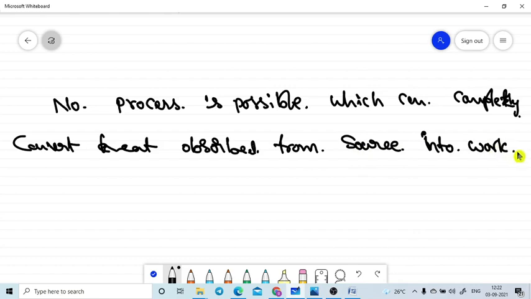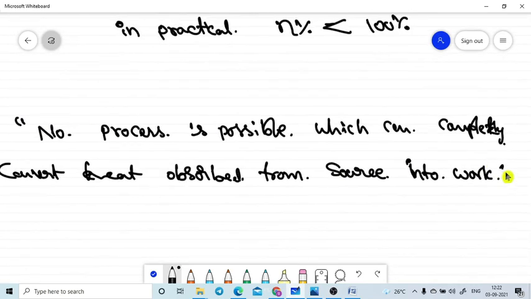That is the only point we observed and discussed up to now.